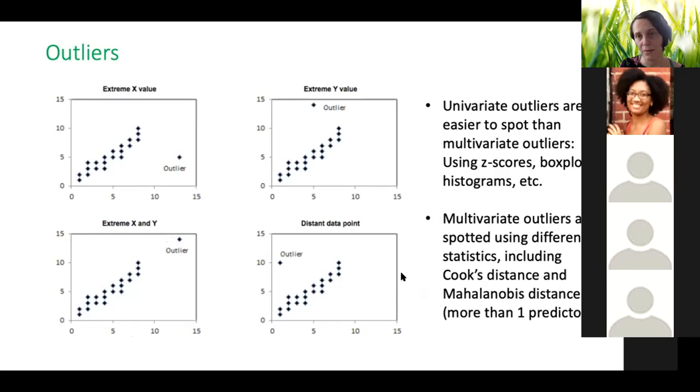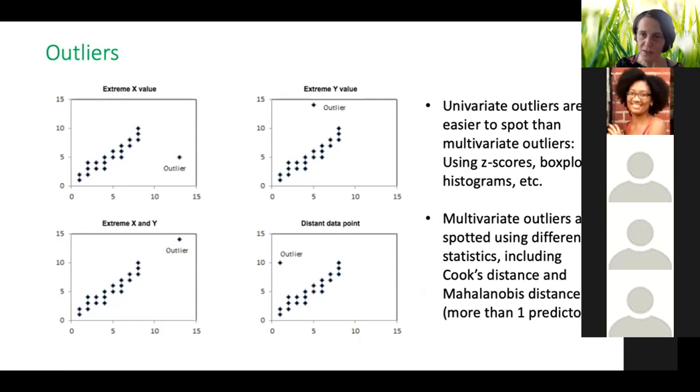To spot univariate outliers, we can also use z-scores. That is another numeric measure, or some test statistic, a formal test of outliers. Multivariate outliers are spotted using different statistics. Today we will talk a little bit about Cook's distance. Next week, we will talk about more statistics that we can use to spot multivariate outliers.